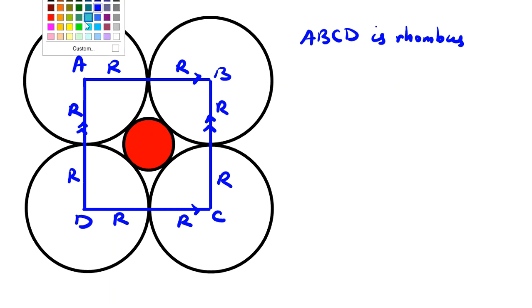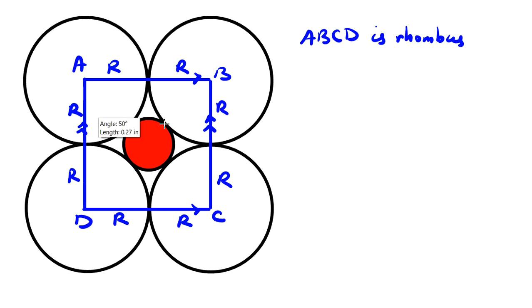Now let's connect the center here. Again, we can say this center, the common point, and this center are collinear. I consider the radius of this red circle is d.